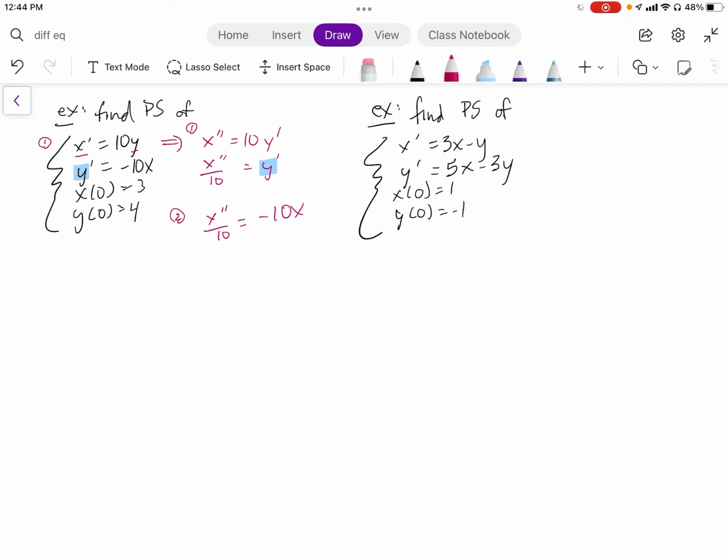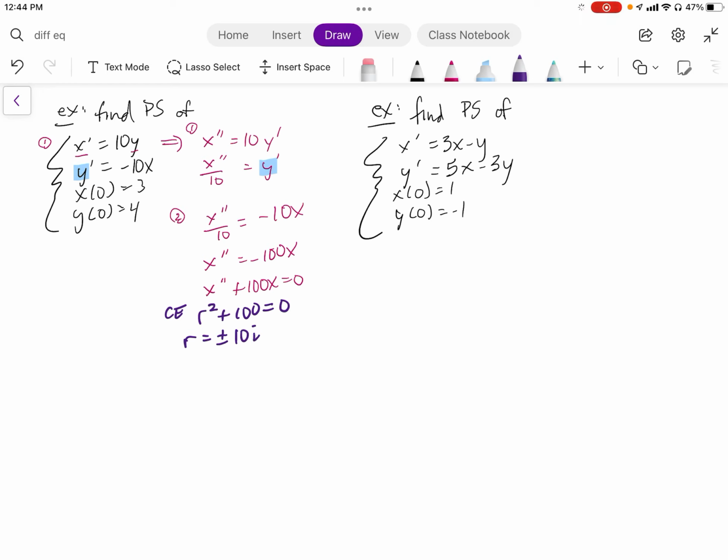Let's multiply by 10, get rid of that fraction, and set it equal to 0. We can use our characteristic equation: x double prime plus 100x equals 0. So therefore, the characteristic equation r squared plus 100 equals 0, so r is plus or minus 10i.